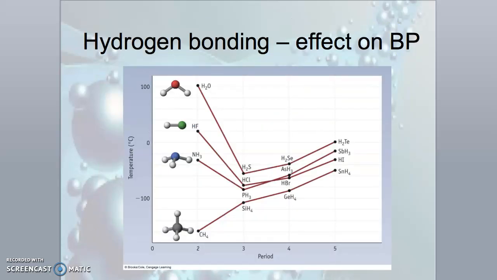This is really worth kind of wrapping your mind around, and it's showing the data that is telling us that hydrogen bonding exists. And we said that when we have hydrogen bonded to oxygen, fluorine, or nitrogen, and just take some time and look at this slide and try to wrap your mind around it.